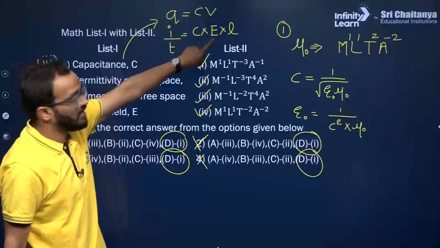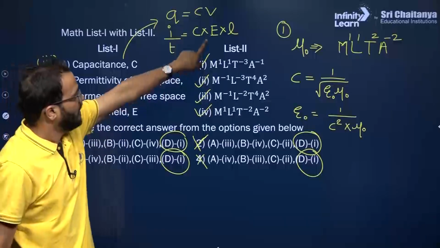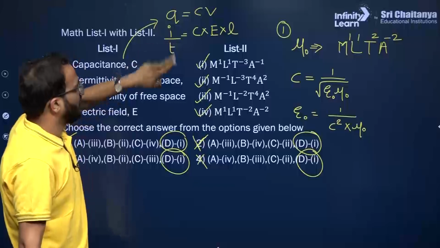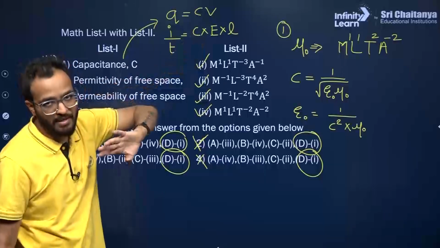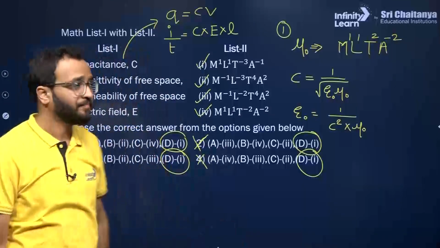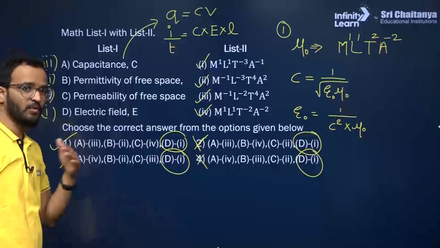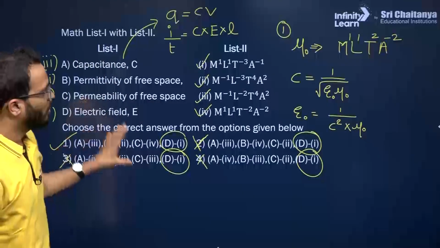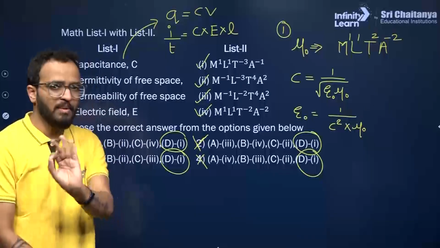So you can use the electric field's dimensional formula here. Length, current and time dimensional formulas we know, so we can find out capacitance. Then again for epsilon naught you have to use the formula k q1 q2 by r square, right? So instead of doing this, I really suggest you remember a few things.